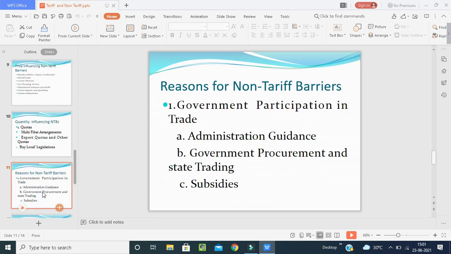Reasons for non-tariff barriers. In the non-tariff barriers, government participation in trade is there. So what does it include? The administration guidelines, subsidies, customs and entry procedures, valuation, documentation, license permit, inspection, etc. are the things where we can utilize it properly.